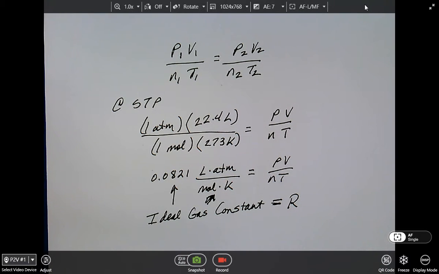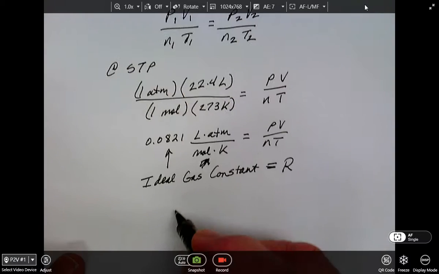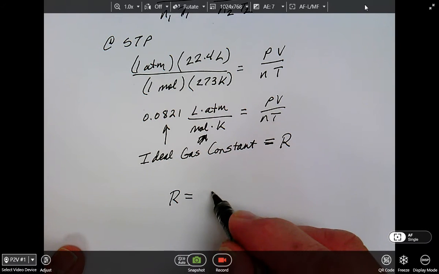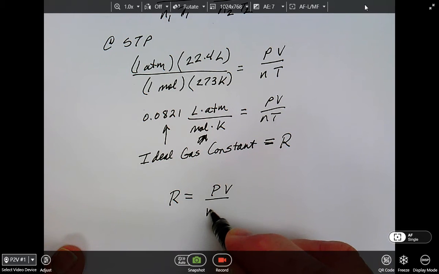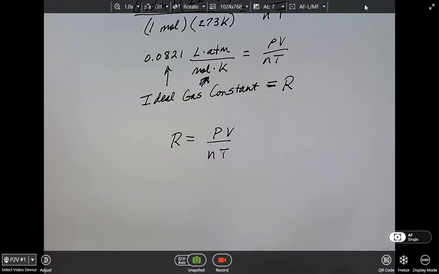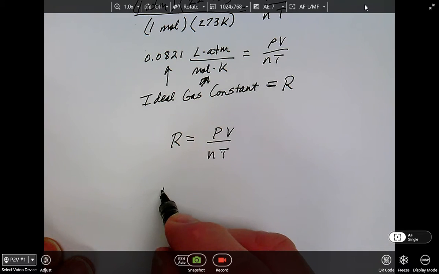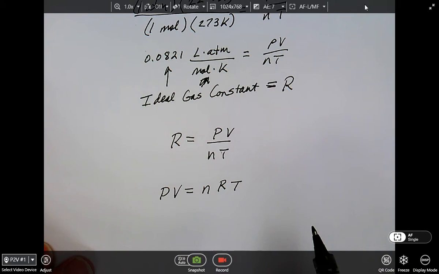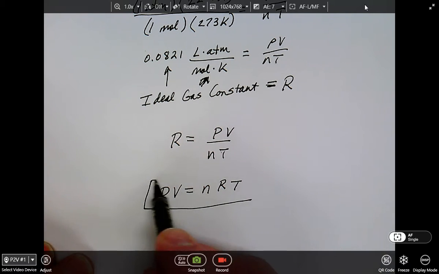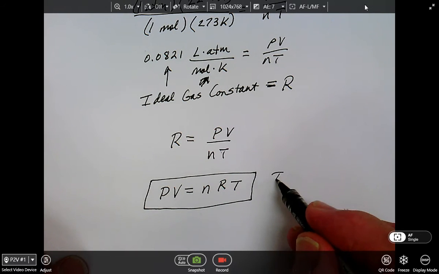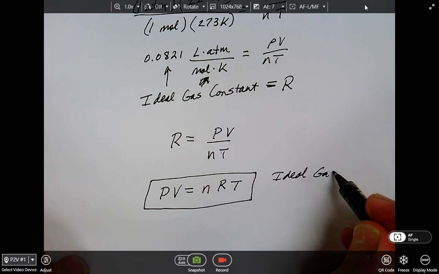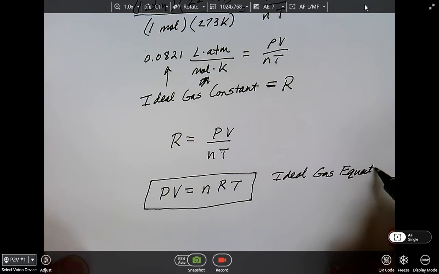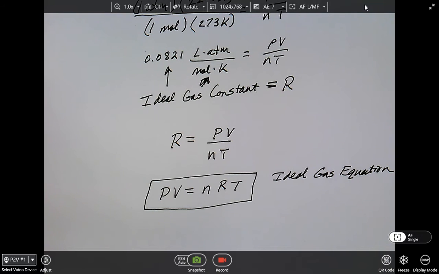So if we substitute R, we could say R is equal to PV over NT. And if we rearrange this equation, we can rewrite it as PV equals nRT. Usually this is the form that you're going to see it in, and this is known as the ideal gas equation. Sometimes you'll hear it called PERV-NERT, PV equals nRT.